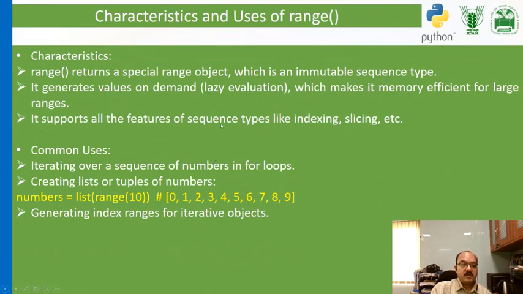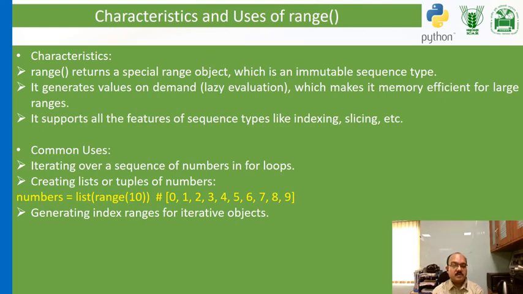So what are the characteristics and uses of range? Range returns a special range object which is an immutable sequence type, meaning it cannot be changed, and it generates values on demand.